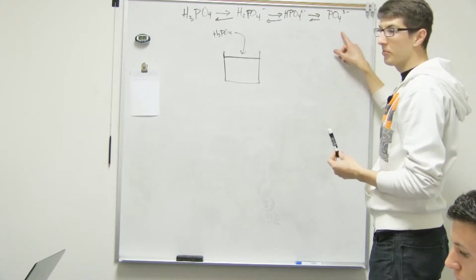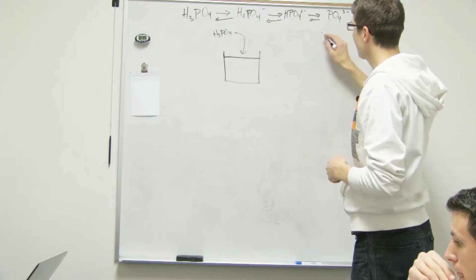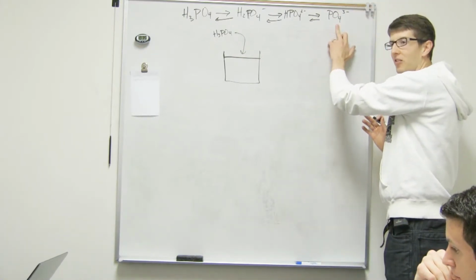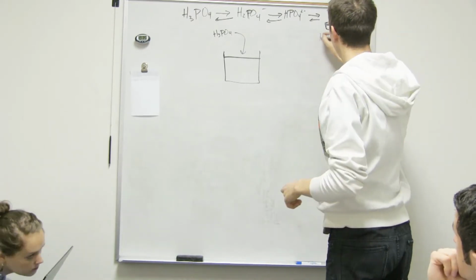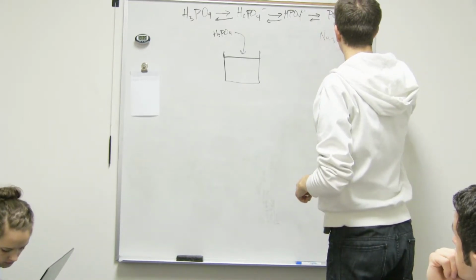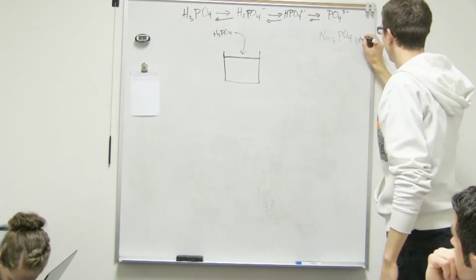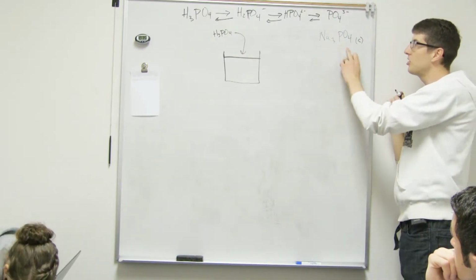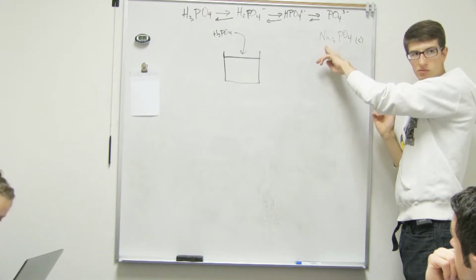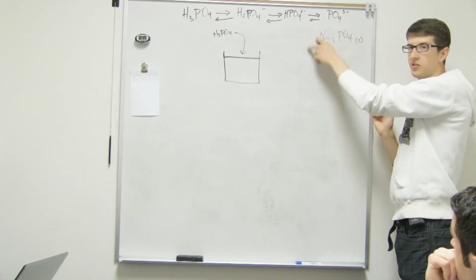From a basics perspective, you don't ever see this by itself. You see a solution of something like this, right? So if it was a solid or a salt, it would be associated with some sort of metal, a cation of some kind, right?